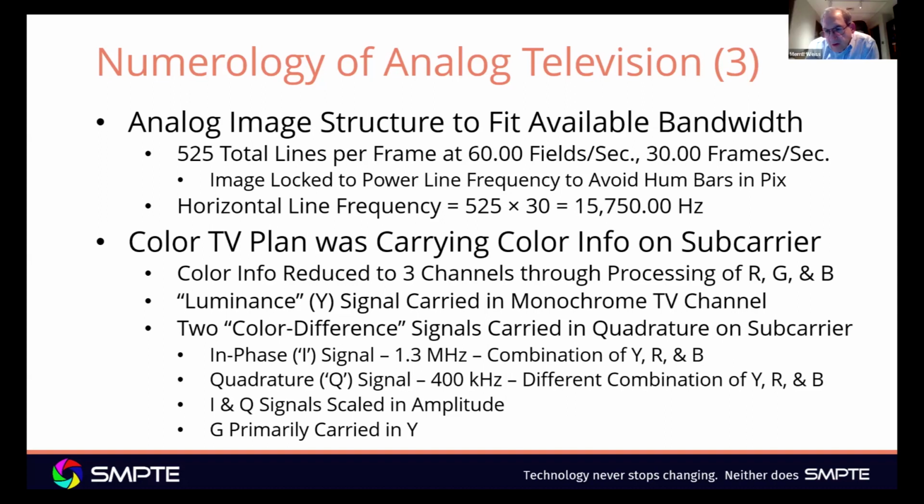And then there were 2 color difference signals developed, and those 2 color difference signals were combinations of the luminance signal and red and blue in such a way that you could get all 3 of the original color signals back if you demodulated them correctly.